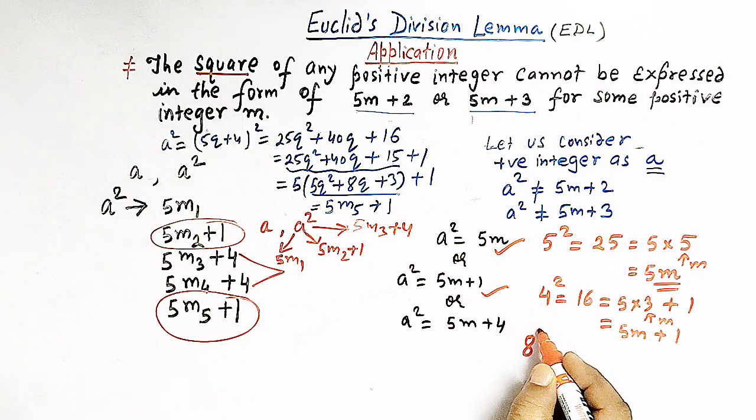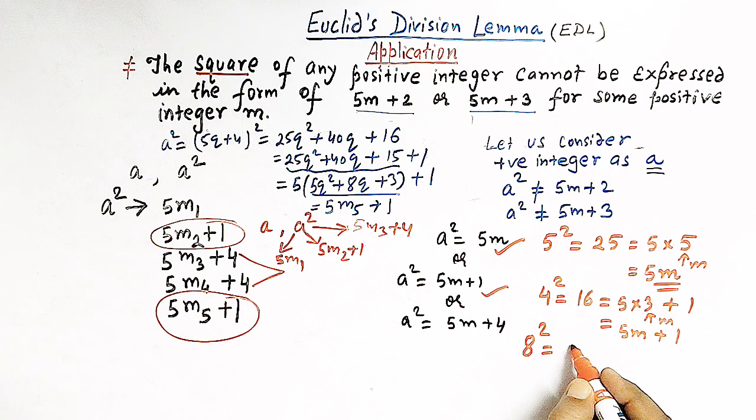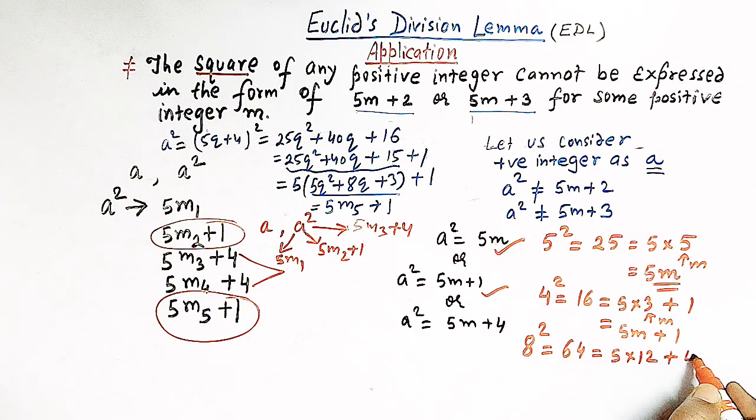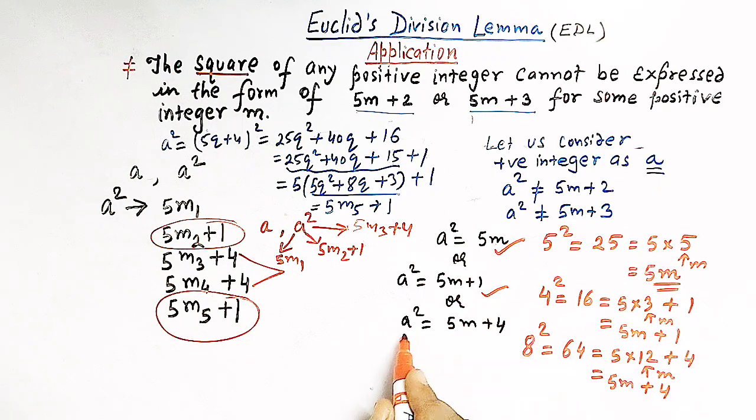Similarly, in the third case we have 5m plus 4. Let us consider the square of 8. So 8 square is 64, and we can write 64 as 5 times 12, that is 60, plus 4. This 12 can be replaced by m, so here we have 5m plus 4. So this is our form 5m plus 4.